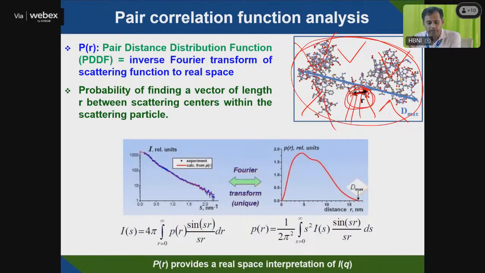That I can find out by the pair distribution function. That is nothing but the inverse Fourier transform of the scattering function to real space. This is my intensity versus distance. After the Fourier transformation, I'll get this type of symmetrical curve. PR provides the real space interpretation of IQ.